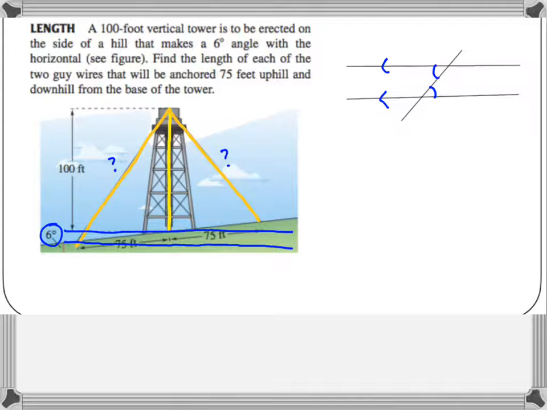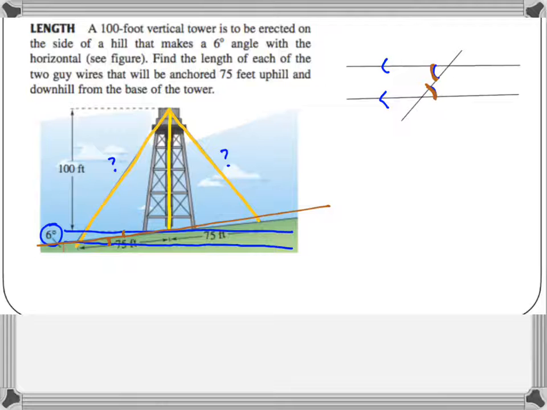There we go. Since this is a 6-degree incline, this angle right here is going to be 6 degrees. So that means this little bitty angle right there is going to be 6 degrees as well, much like with parallel lines cut by a transversal. The transversal here is actually the ground going through.